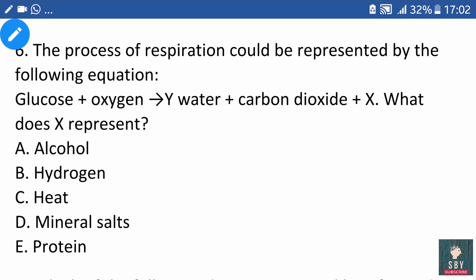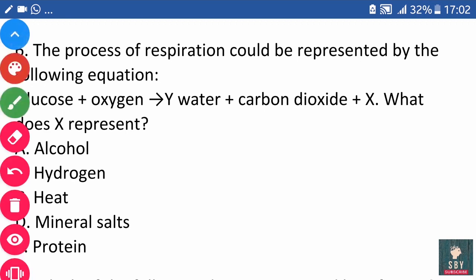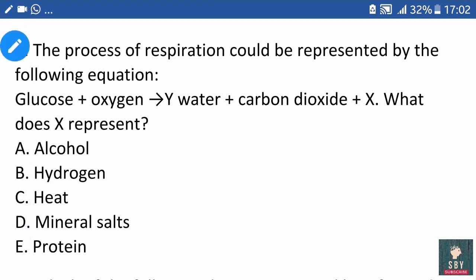So this is a formula for respiration. So you have water, carbon dioxide, and then X. Looking at the options, X represents heat, because that is what is produced during respiration. Heat is produced during respiration. So the answer is C.